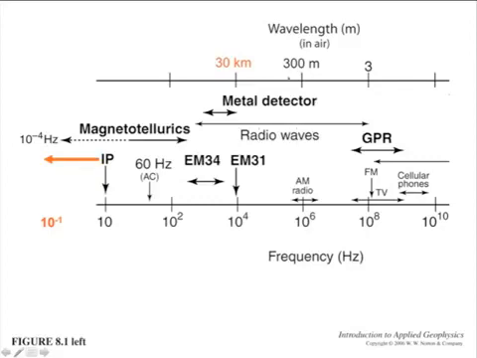Now, I want you to notice the scale at the top. At the top, we've taken the frequency, and remember that V equals F lambda. That's true of light as well as sound waves, and it's true of radio waves and everything else. If you want to get lambda, the wavelength, you just take the velocity, which is the speed of light.